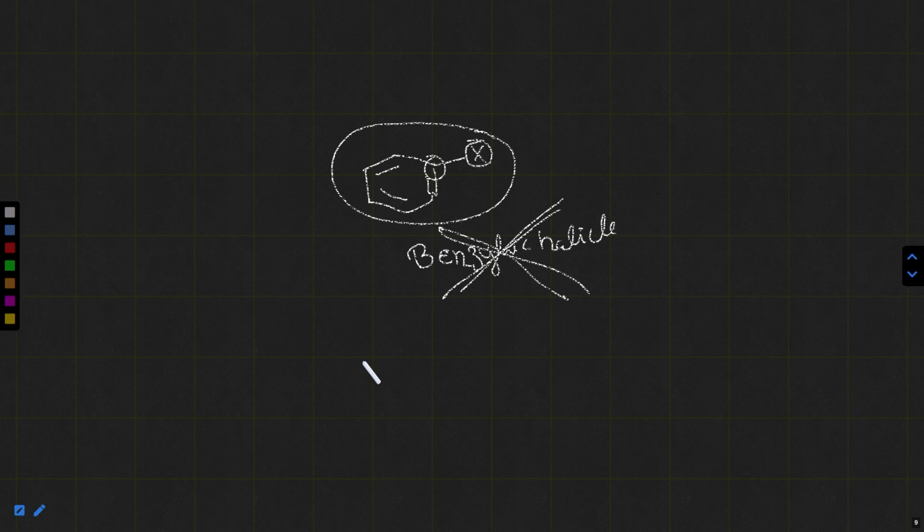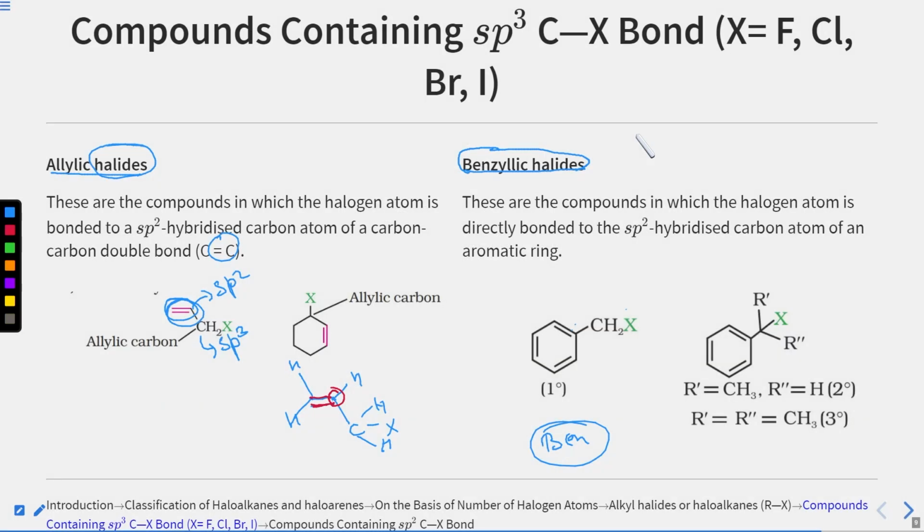This is instead a haloarene. This is not a haloalkane also, this is a haloarene. We will see the example further, but I am just making a point here that if your X is directly attached to a carbon which is part of the aromatic ring, then you will not term it as a benzylic halide. Is this clear?